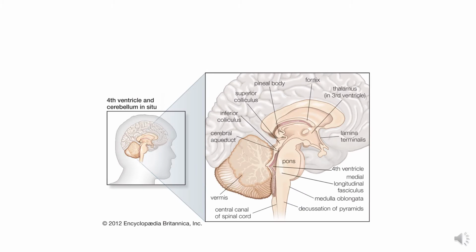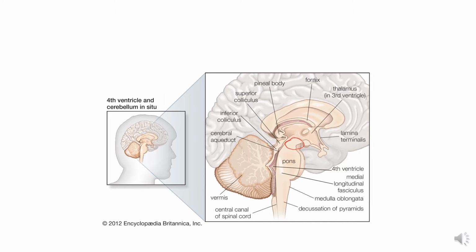Students, today we will study the external and internal features of the midbrain. So the midbrain, as you can see here, is the part of the brain which connects the pons and the cerebellum with the forebrain.